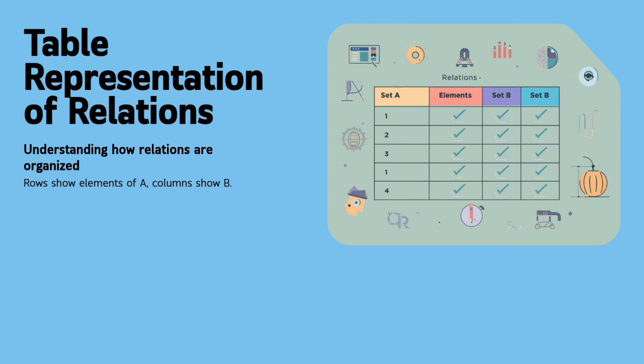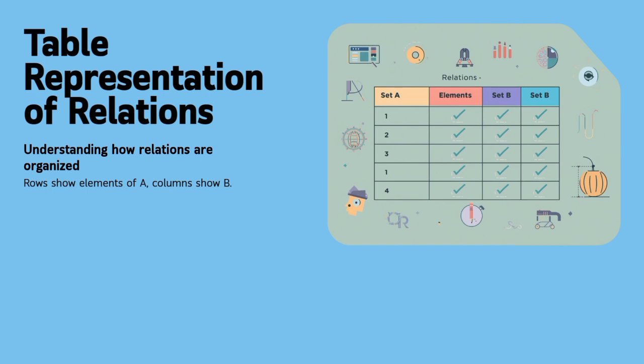Next, we have the table representation. Here we organize the relation in a grid. Rows represent elements of set A and the columns represent elements of set B. At the intersection, we mark whether a relation exists.